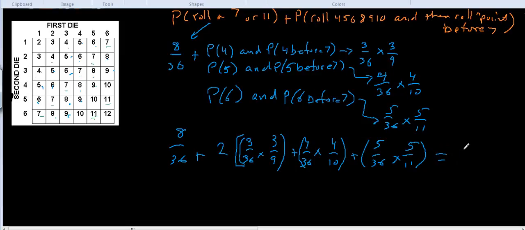And with the help of a calculator, it would be roughly 0.4929.